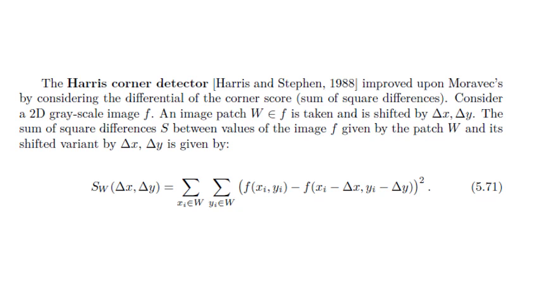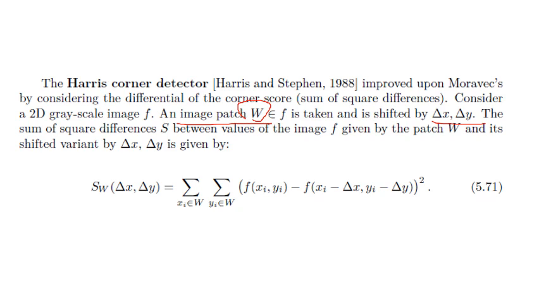This is an improvement over Moravec's operator because here we are considering the differential of the corner. Consider a 2D grayscale image f and an image patch W, which belongs to the image and is shifted by a small amount, delta x in the x direction and delta y in the y direction.